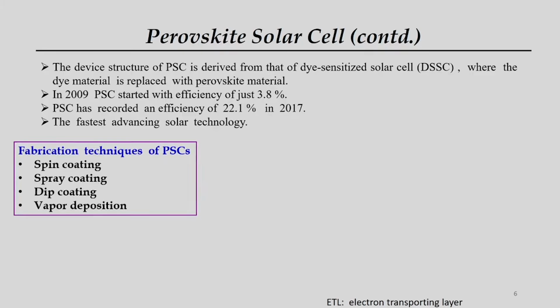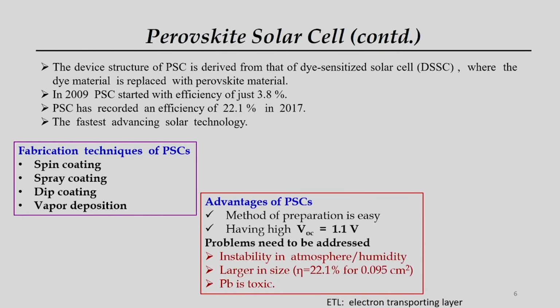What are the different techniques used for making these perovskite solar cells? Maybe spin coating, spray coating, dip coating, or vapor deposition technique. What are the advantages of this solar cell? The method of preparation is easy and it has a high VOC, about 1.1 volt.